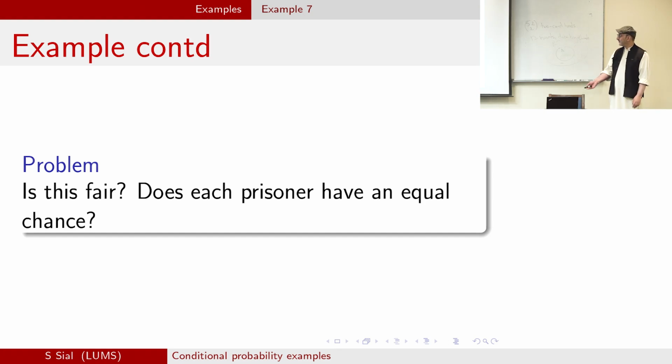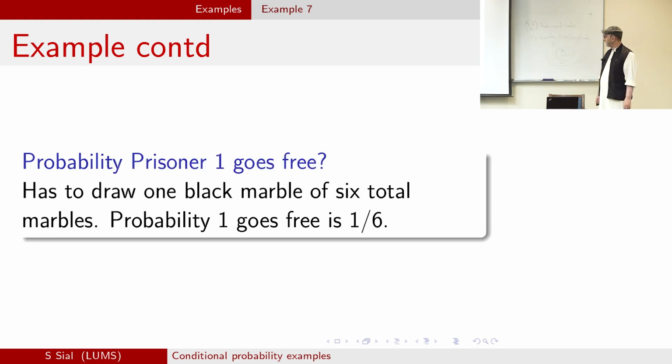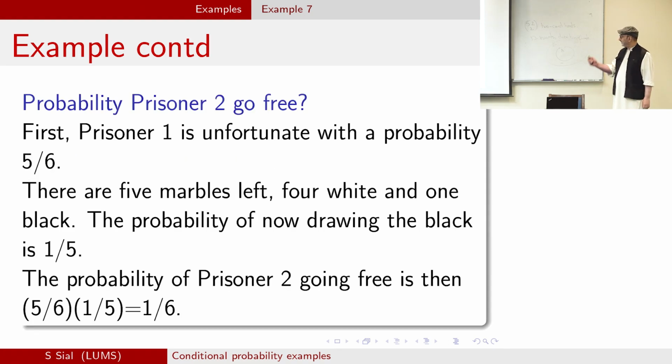Okay, so let's go through this. What's the probability that the first one goes free? 1 black marble out of 6 marbles. 1 out of 6. What about the second one? Release of the second one requires that the first one was not released. So there's a 5 out of 6 chance that the first one was not released.